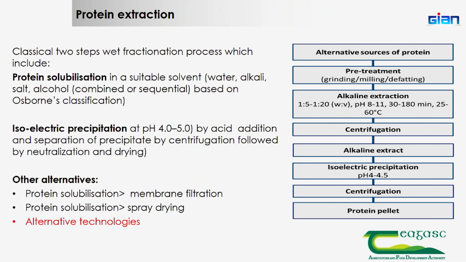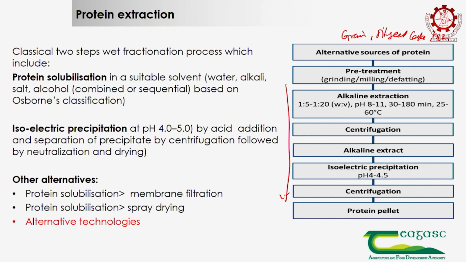This is pretty much the standard process used everywhere for protein extraction, whether it is grain, oil seed cake, fish, what you have already done, or whelk or shells. Any of the biomass, this is pretty much the standard process.